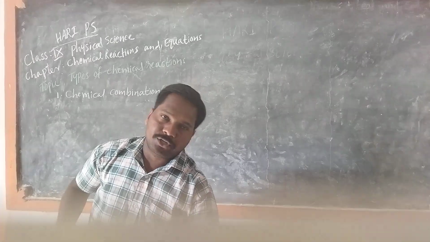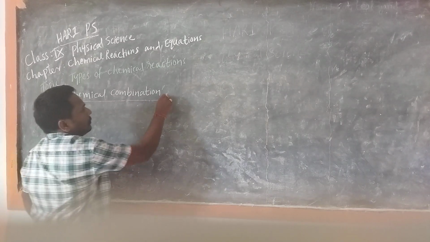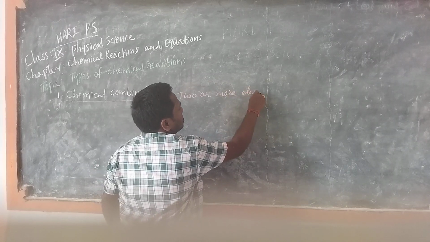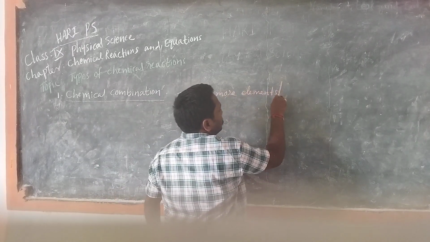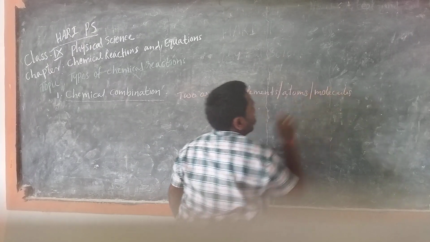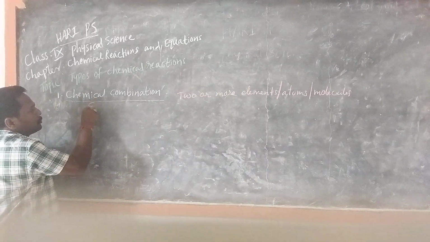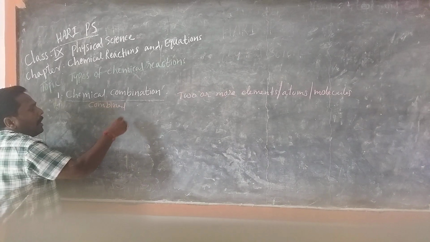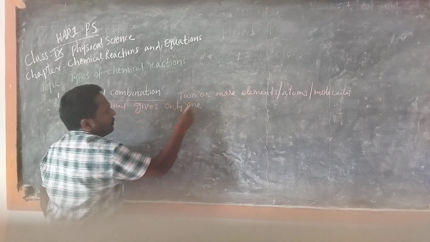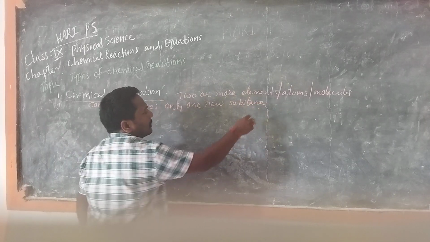In a chemical combination, 2 or more elements, atoms or molecules combine and give only one new substance or product.